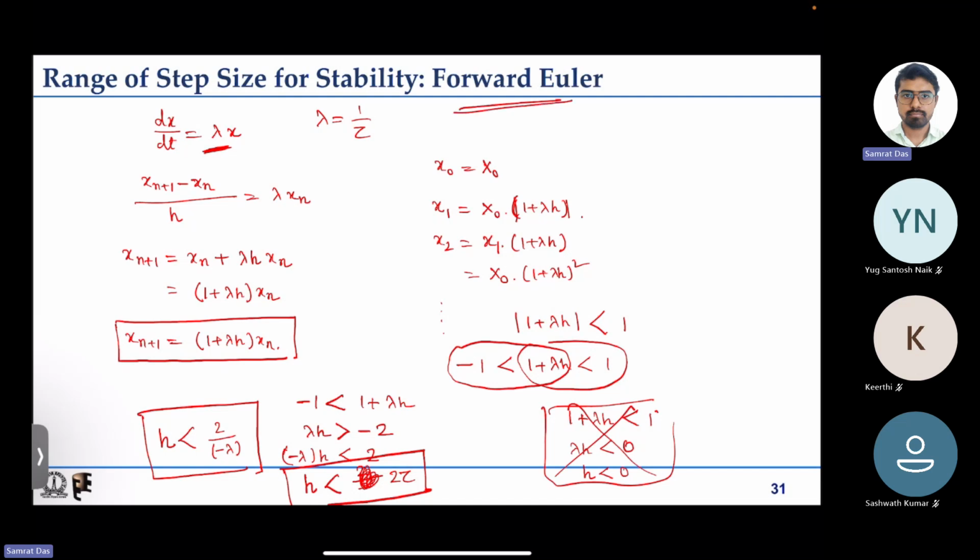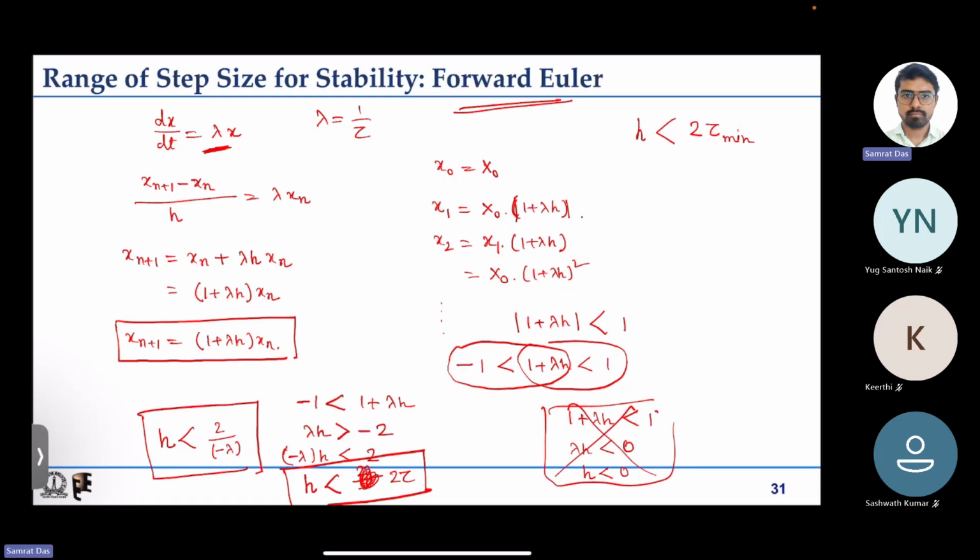So for forward Euler, for the solution to be stable, the criterion is that h, the step size, has to be lower than 2 times the time constant of a single time constant system. There could be multiple time constants in our system also, in which case we have to take the fastest time constant, that is the time constant whose value is minimum.